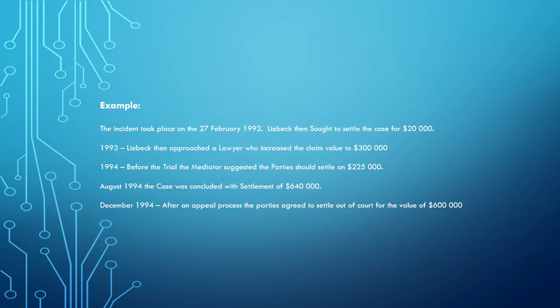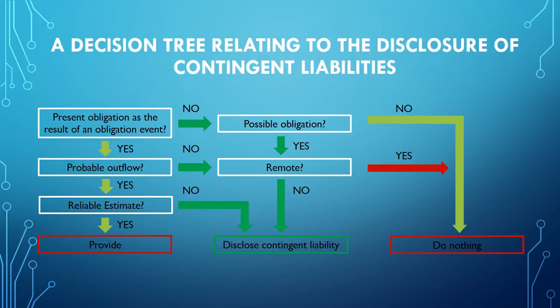If we go back to 1993, however, when she went to a lawyer and they instituted the claim in the court to the value of 300,000, let's look at our decision tree now. So is there a present obligation as a result of a past event? Well, most likely, it's more likely than just being a possible obligation now. It's in the courts. There's a lawyer involved. He's advising her. There's going to be a jury. So there's definitely a present obligation here.